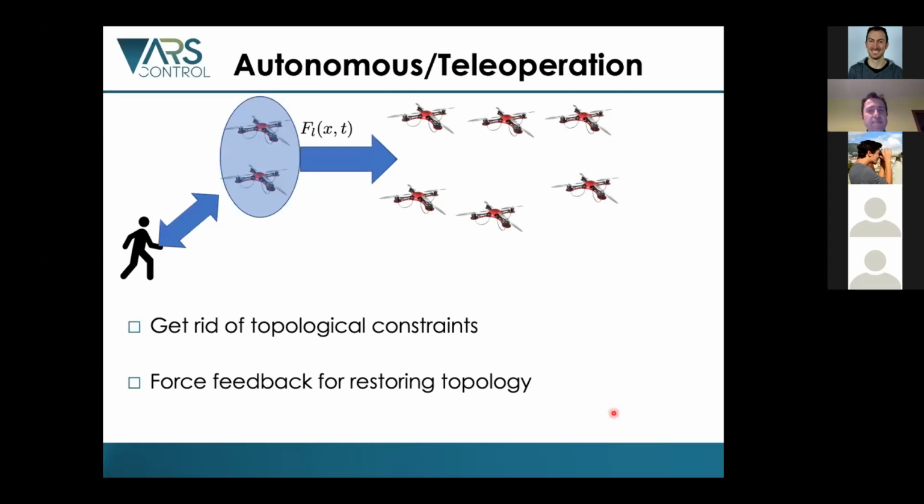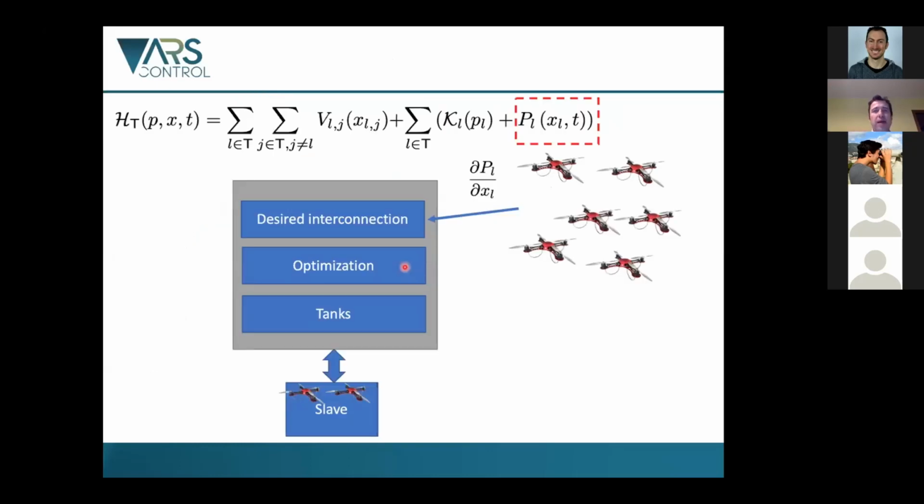But at the same time, I don't want the robot to be away for too much time. I would like to enforce a force feedback that calls the robot back to the team after some time, or given some conditions. So we implemented this kind of force feedback, which is non-passive because the potential necessary for implementing it is time varying, and time-varying potentials inject energy into the system.